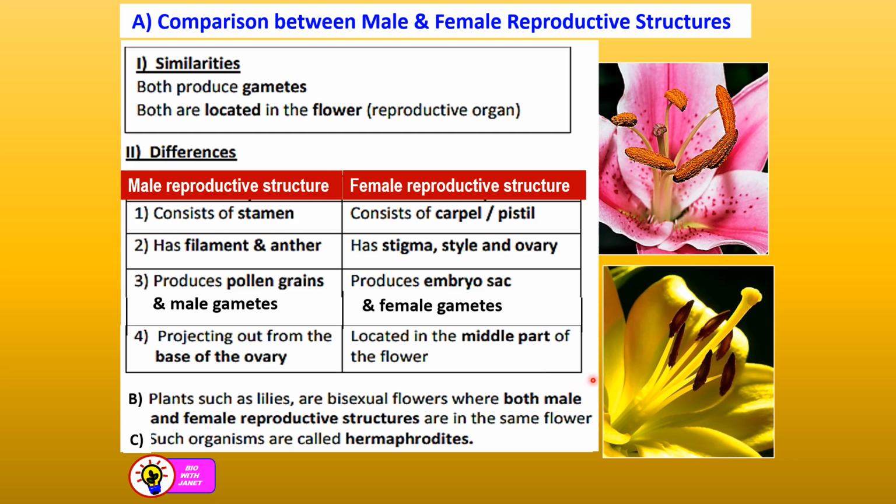Now, plants such as lilies are bisexual flowers, meaning they have 2 sexes, where both the male and female reproductive structures are found in the same flower. So all these are bisexual flowers. They are lilies actually. Such organisms are called hermaphrodites. That means having both male and female reproductive structures.